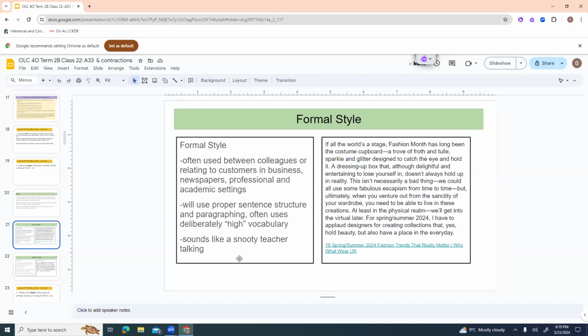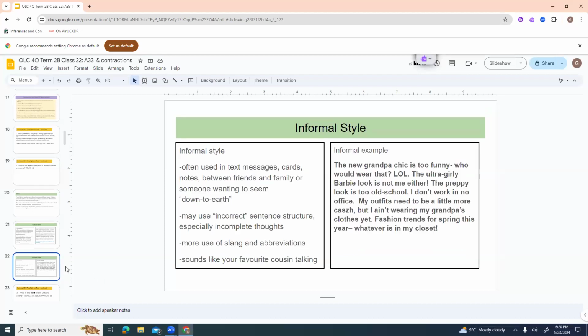We could all use some fabulous escapism from time to time. But ultimately, when we venture out from the sanctity of your wardrobe, you need to be able to live in these creations, at least in the physical realm. We'll get into the virtual later. For spring summer 2024, I have to applaud designers for creating collections that, yes, hold beauty, but also have a place in the everyday. So it's very formal, very upscale kind of language. Okay.